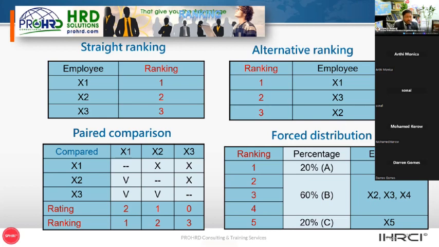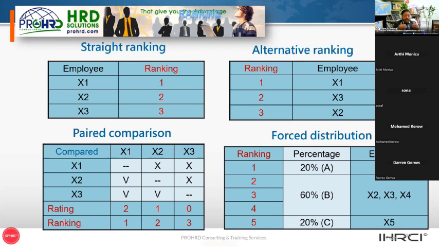It's very important. Straight ranking requires the evaluator to order the group of employees from the best to worst, comparatively, and from most effective to the least effective in terms of certain criteria you build into the mechanism.